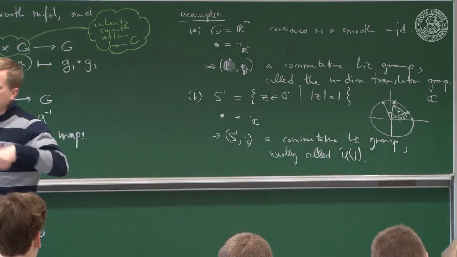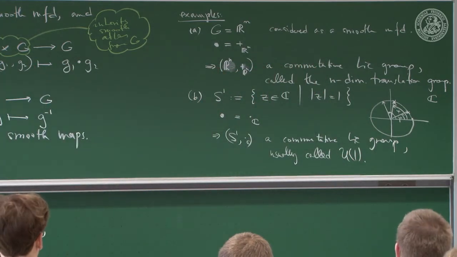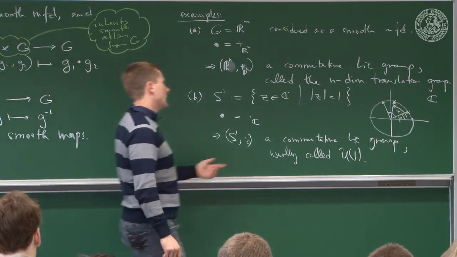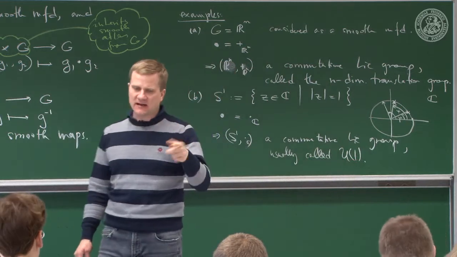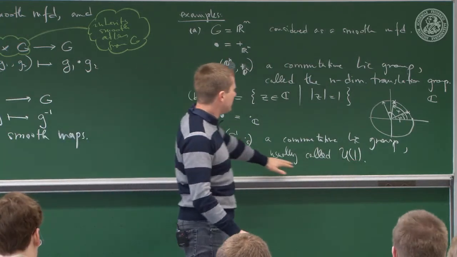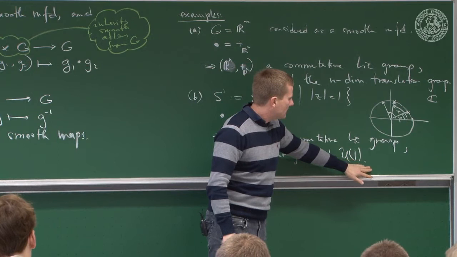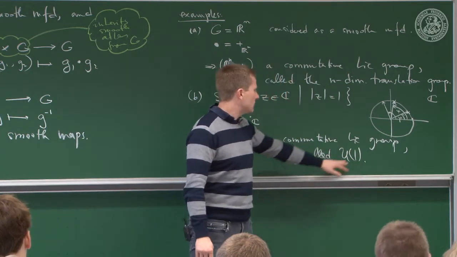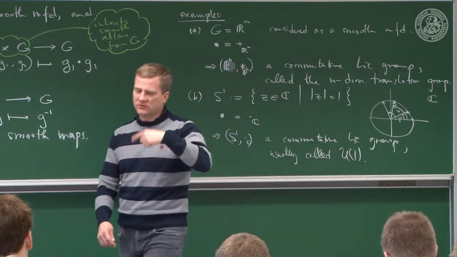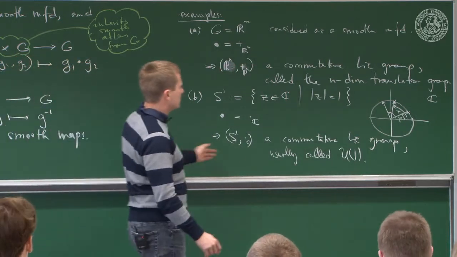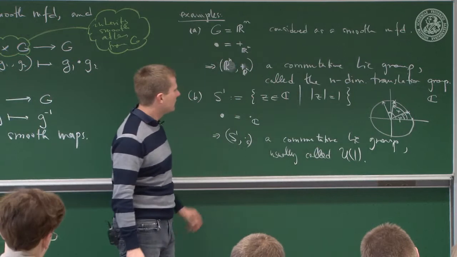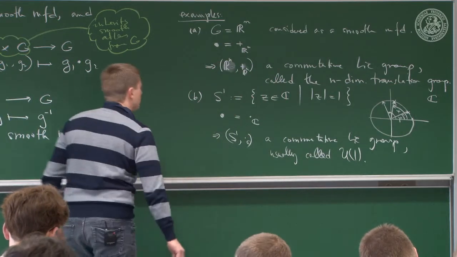That's the group under which you construct your wave functions to be invariant, because, well, at least the final results of calculations in quantum mechanics, you want them to be U1 invariant, because you don't want an overall phase to count. Now, so you met this group before. It's a very simple one. Okay.